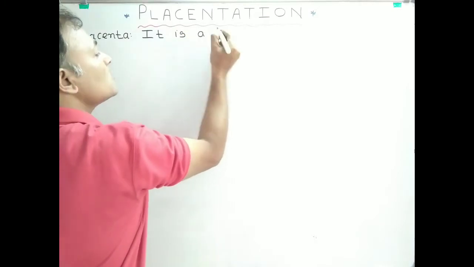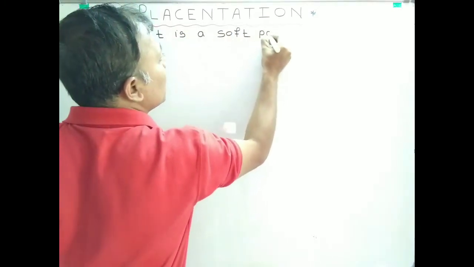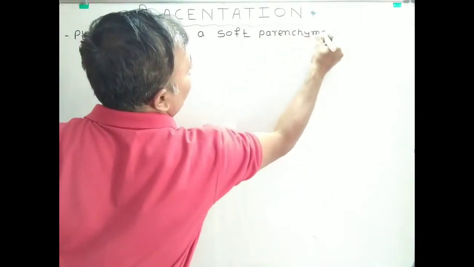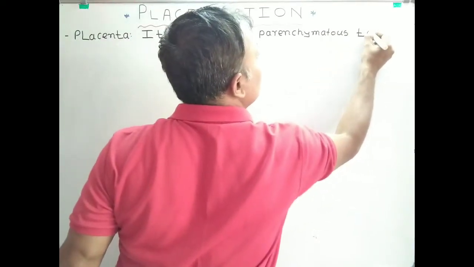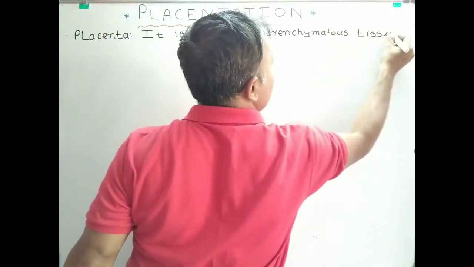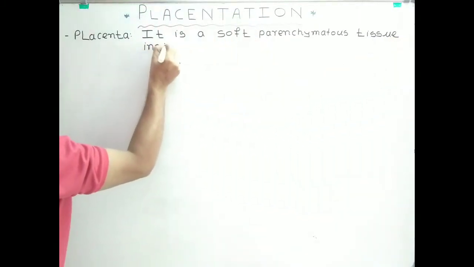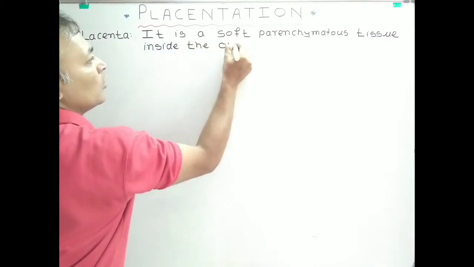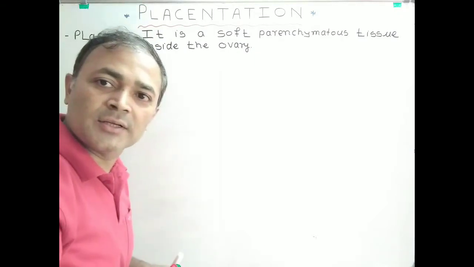It is a soft parenchymatous tissue inside the ovary. So now let us define what is placentation.